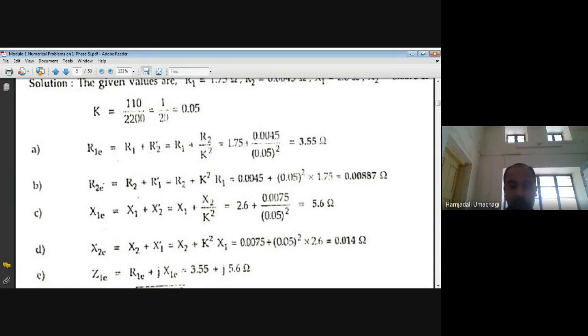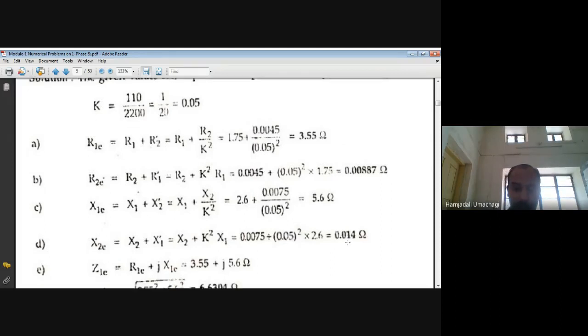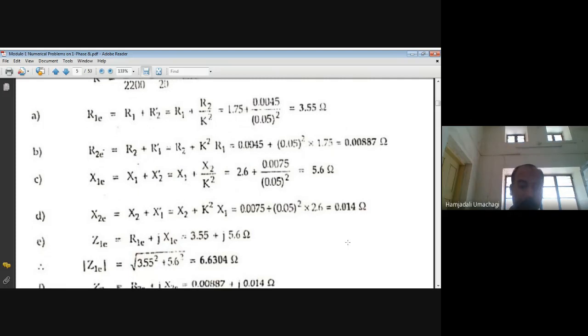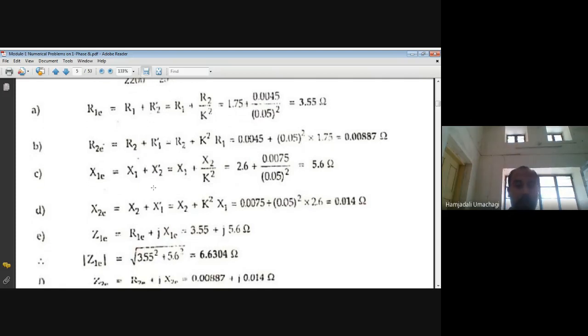So X2 is 0.0075 plus K is 0.05, K square means whole square, into the value of X1 given as 2.6. Simplify, the answer for this will be 0.014 ohms.